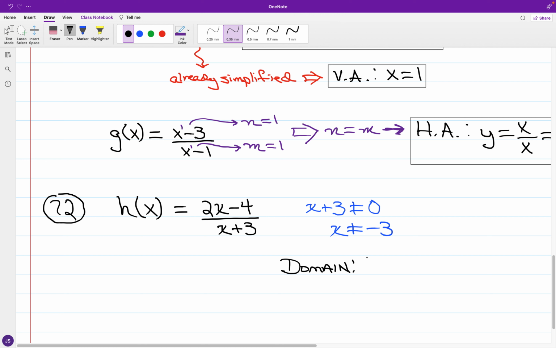For the domain, for the lower half we have those values of x which will be less than -3, along with those values of x which will be greater than -3.